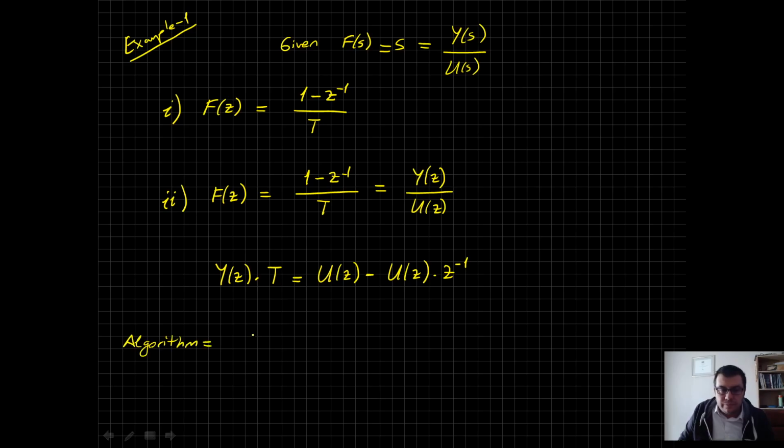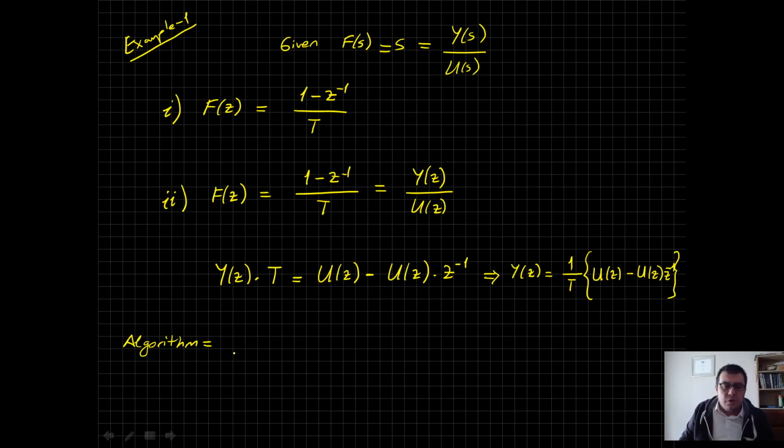is, you can actually play with this equation and write here y of z is equal to 1 over t times u of z minus u of z times z to the minus 1.